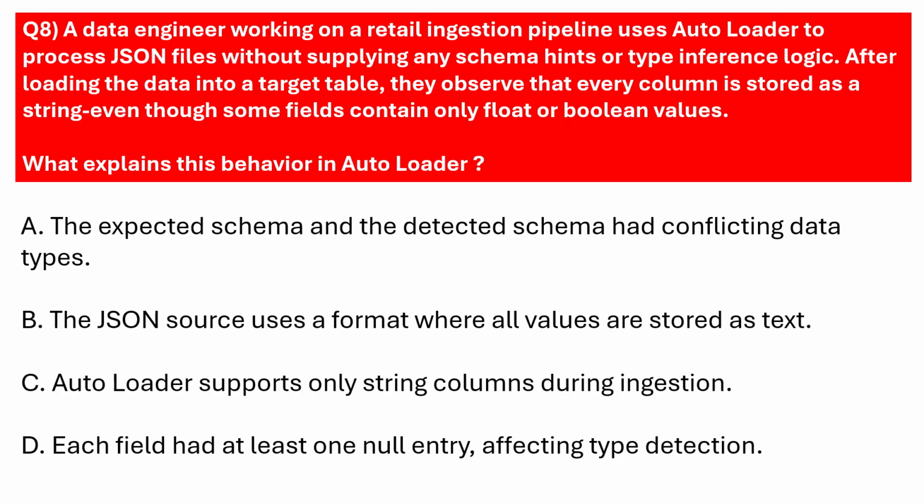What explains this behavior in Auto Loader? A. The expected schema and the detected schema had conflicting data types. B. The JSON source uses a format where all values are stored as text. C. Auto Loader supports only string columns during ingestion. D. Each field had at least one null entry, affecting type detection.